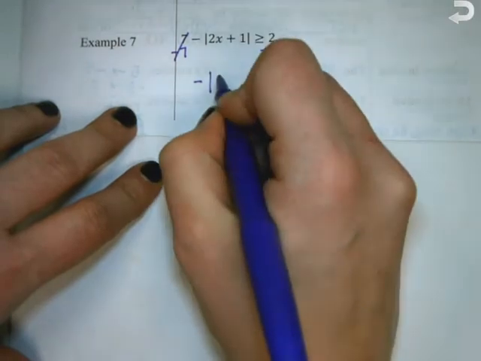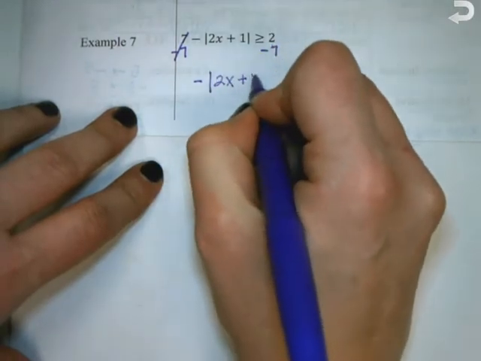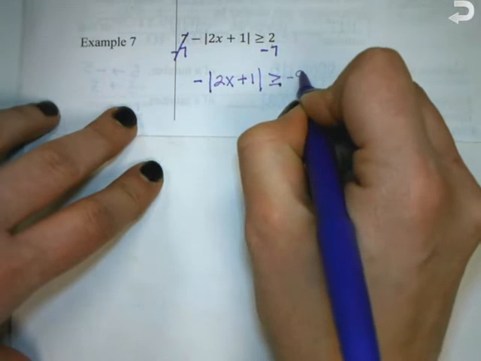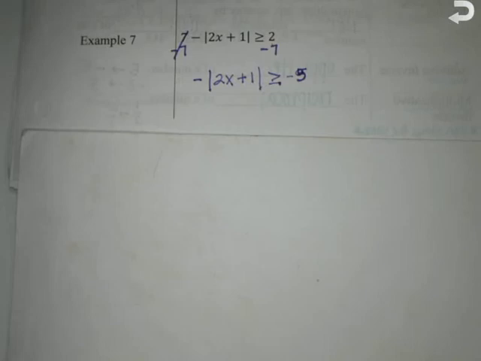We have to divide by negative 1 because this is the same as multiplying by negative 1, right? So divide both sides by negative 1. Now what am I going to do? Flip it. So this is absolute value of 2x plus 1. We divided by a negative, so it becomes less than or equal to positive 5.